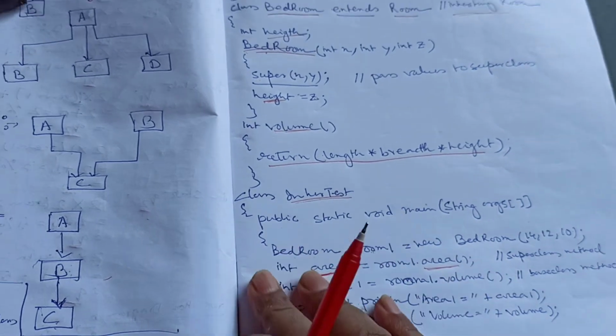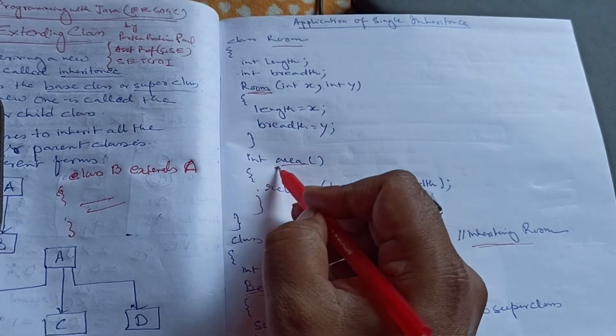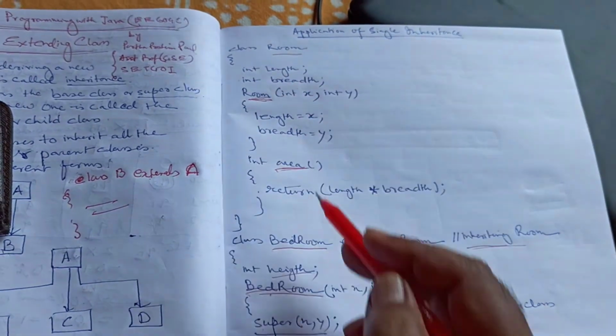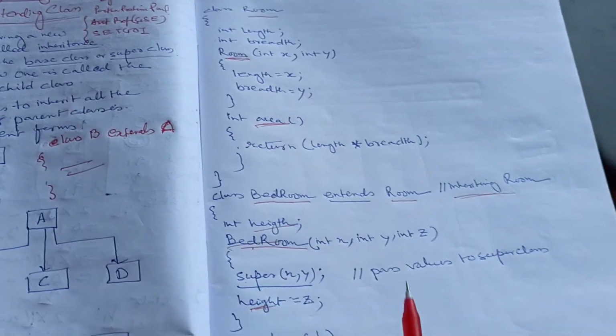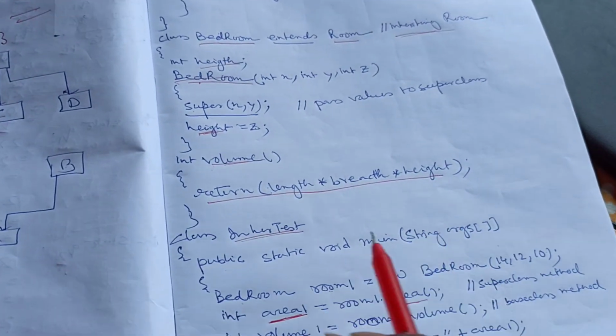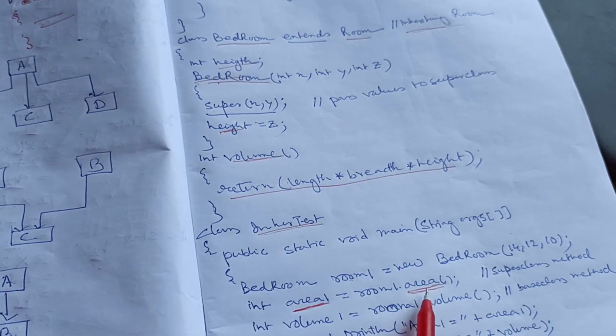Area is actually a method of the room class, but since we are inheriting the room class into the bedroom class, we can easily call the method of the parent class.